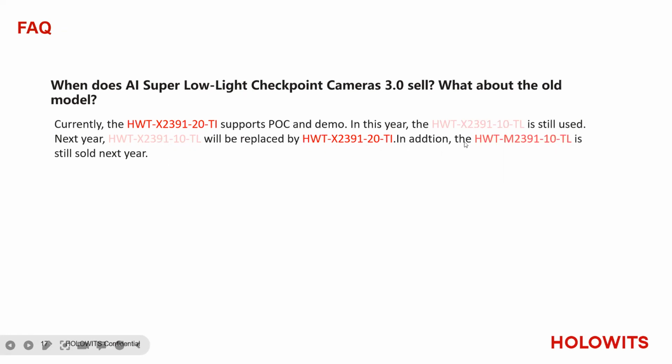In addition, the HWT M239110 TL is still sold next year. If you still have any question about the AI super low light triple camera, you can ask in the FAQ.